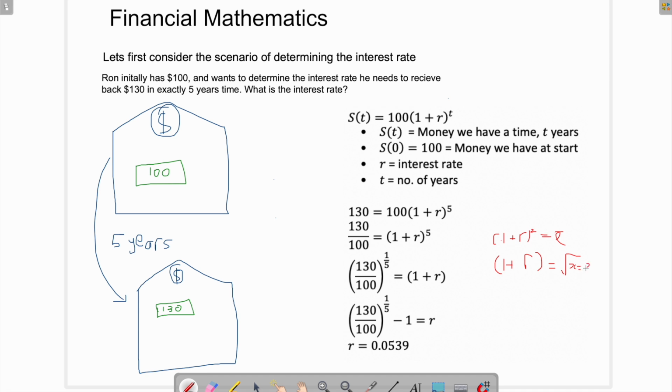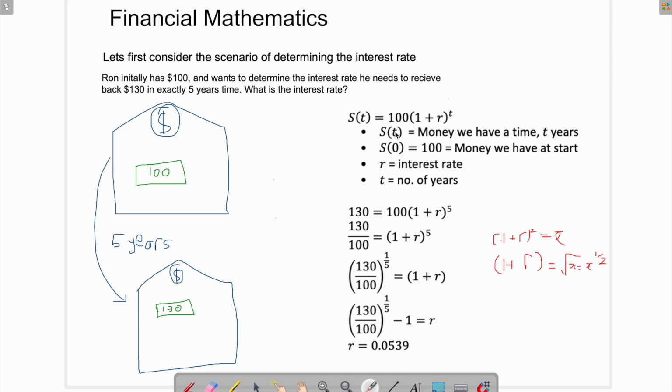So here, 1 plus R equals X to the power of 1 on 5, just like it would be 1 on 2 for the square. Just for clarification's sake. And then finally, we have the 1 plus R, so we can bring the minus 1 to the other side. When we put this into the calculator, we see that Ron would require an interest rate of 5.39% per year.